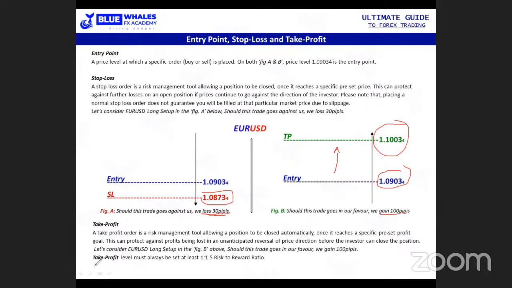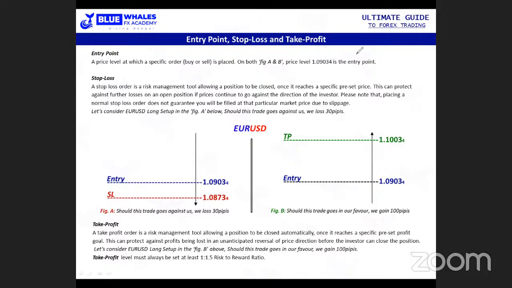A quick note: take profit level must always be placed at least 1:1.5 risk to reward ratio. Risk to reward ratio is a very important key in forex trading. Everything you do, you have to get the best out of it. We will be talking about it in our subsequent videos or webinars.